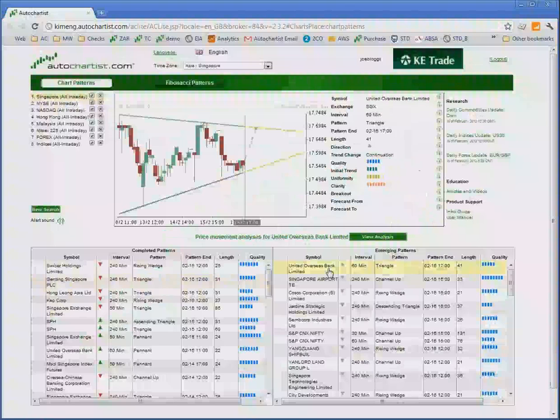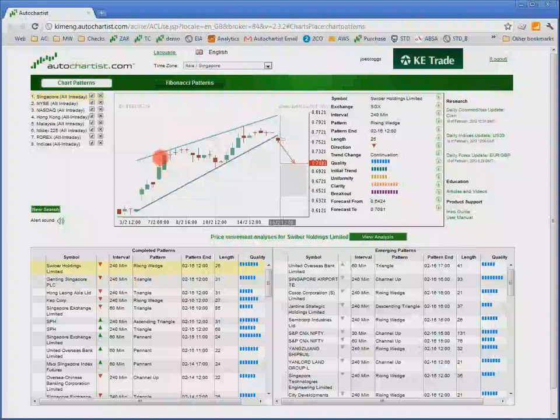Most patterns form with 4 touching points, 2 of them touching support and 2 of them touching resistance. Like in this pattern's case, for example, we've got this first point down here, the first touching point.